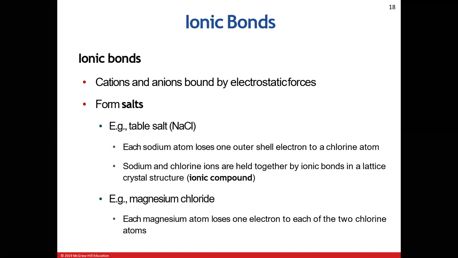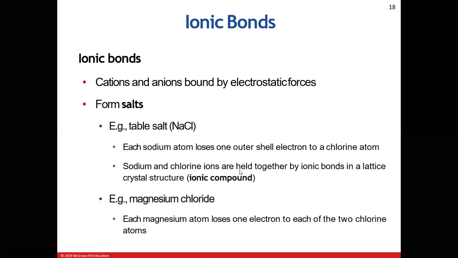Each sodium atom is going to lose one of its outer shell electrons to a chlorine atom. That makes the sodium ion positive, but because chlorine is taking on an electron, it becomes negative.